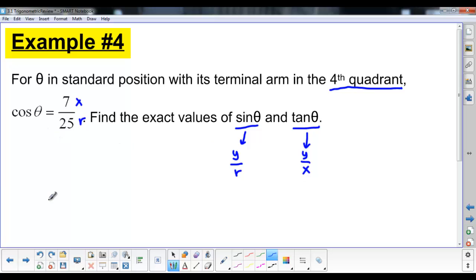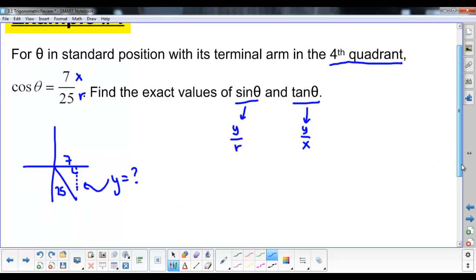So the first thing that we're going to do is, well, I'm a very visual learner, so I'm going to roughly sketch a terminal arm in the 4th quadrant. I'm going to drop down that perpendicular so I have a right angle triangle there. And I know the value for x is going to be 7 and the value for r is going to be 25. So basically we need to find out what y equals.